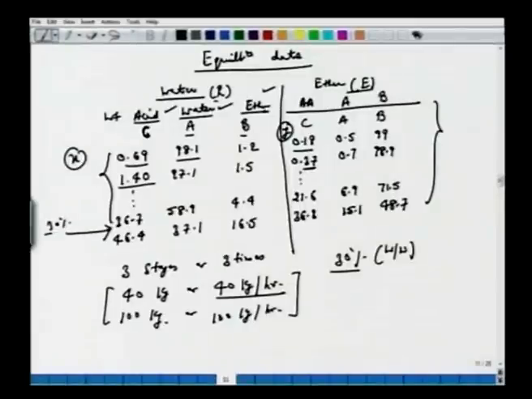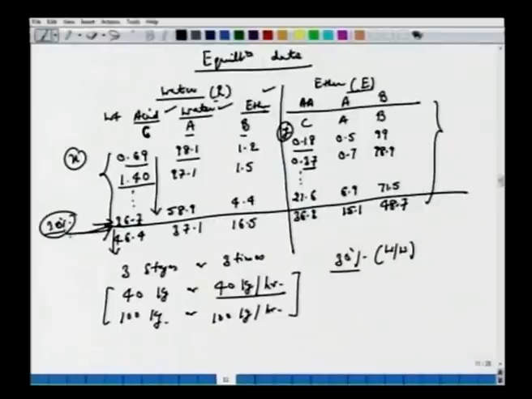You must understand that we don't require the data beyond this, because feed composition is 30%, so solute concentration increases to 37.7%, so the maximum is 37.7 here. We can take this data here, and we also realize that since y is smaller than x, if we choose only these data here, we should be able to solve the problem.